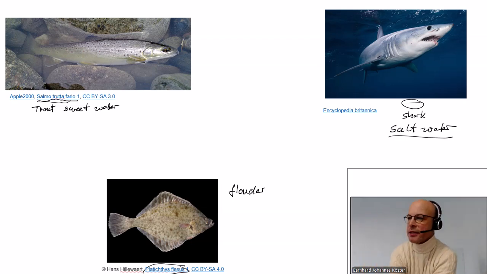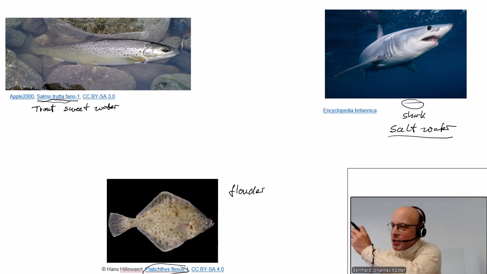And where is this fish living? Yes, also in the sea. Well, it's just living here, outside here. And what kind of water compared to these two do we have here?